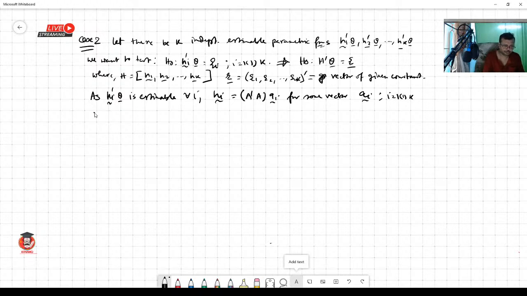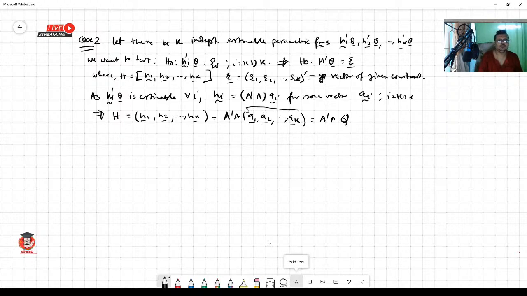So this implies h, which is equal to h1 curl, h2 curl, up to hk curl, is equal to a prime a q1 curl, q2 curl, up to qk curl, which is equal to a prime a q. Q is a matrix formed by the vectors q1, q2, up to qk.